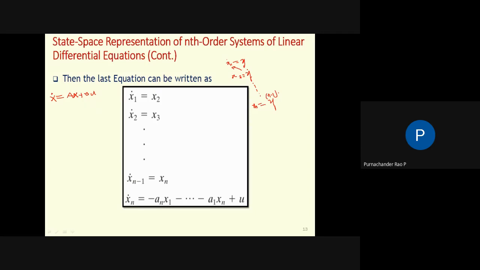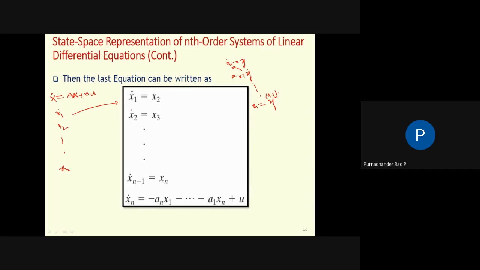And that's why I'm taking x1 dash. Initially I assume that the state vectors are x1, x2, and so on, xn. Then I'm taking the differentiation: x1 dash, x2 dash, x3 dash, and so on, xn dash. Now, what is x1 dash?